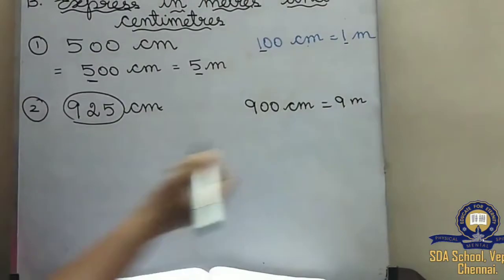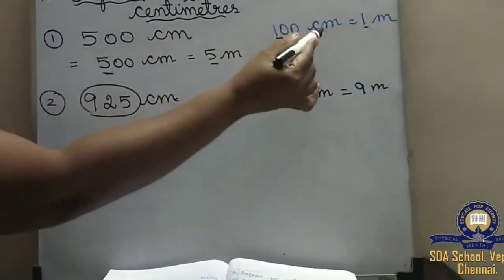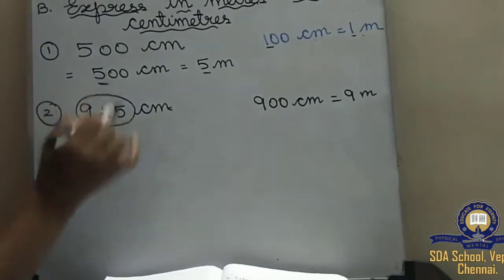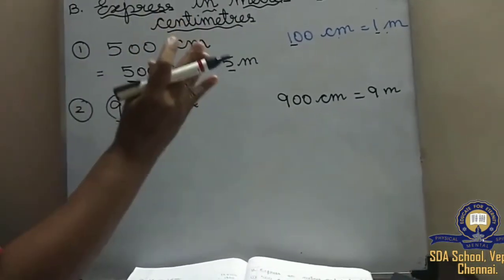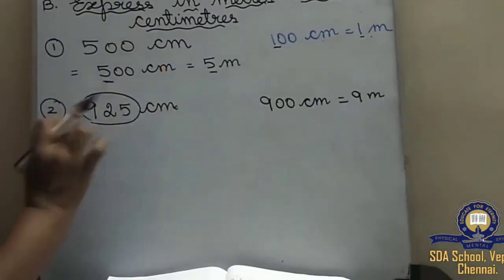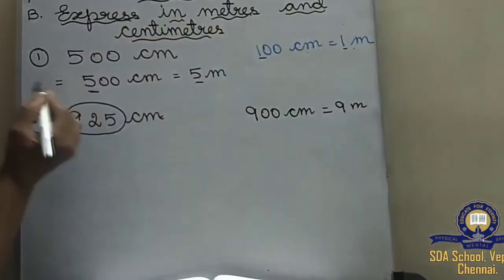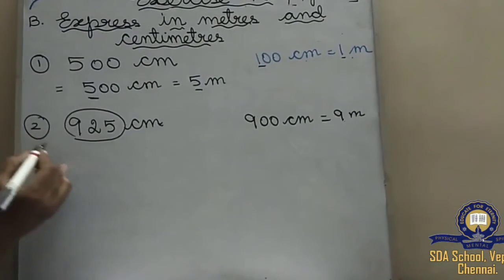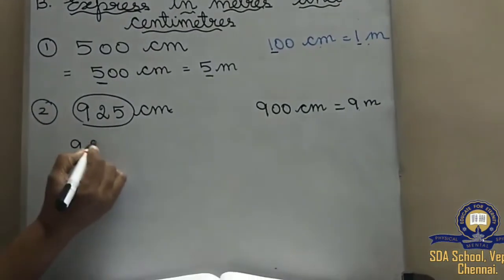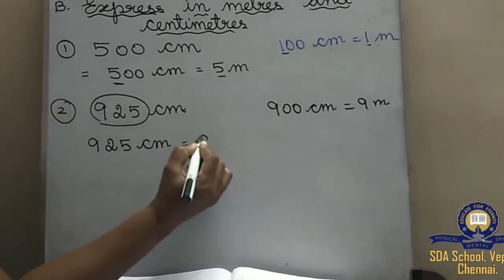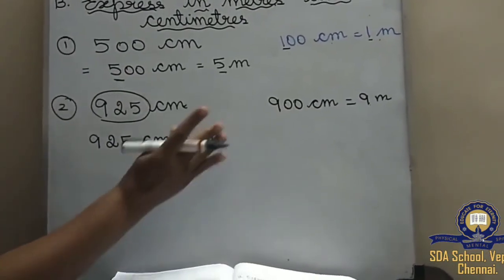See, 100 centimeter is equal to 1 meter, and here 900 is there. 25 you can add afterwards. So 900 centimeter is equal to 9 meter.